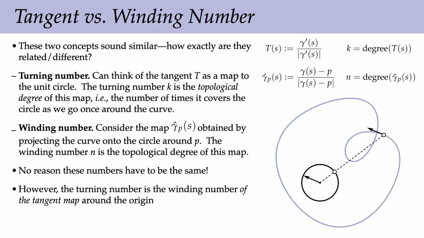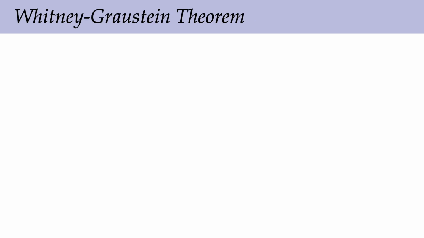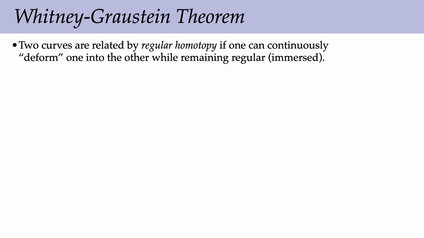Okay, so hopefully that language is clear, and we can use it to talk about another very important theorem about curves, which is the Whitney-Graustein Theorem. First we need just one more concept, which is the idea of regular homotopy.